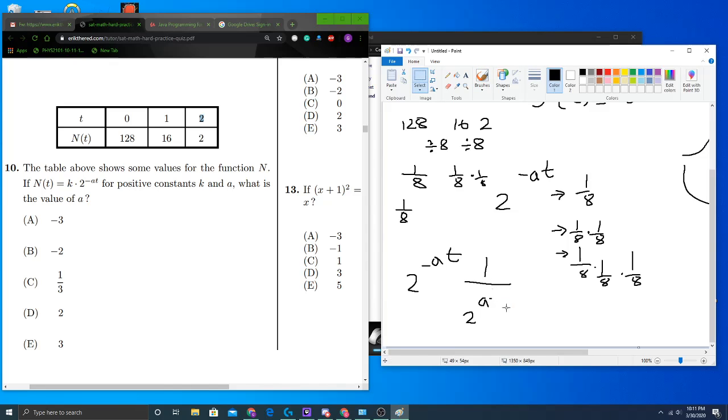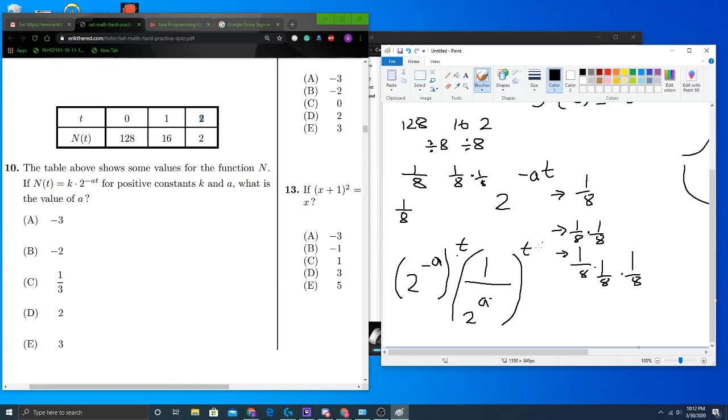Another exponent rule: when you see exponents being multiplied together, you could also just take one of the exponents out. So now that converts to 1 over 2 to the a, and then to the t.